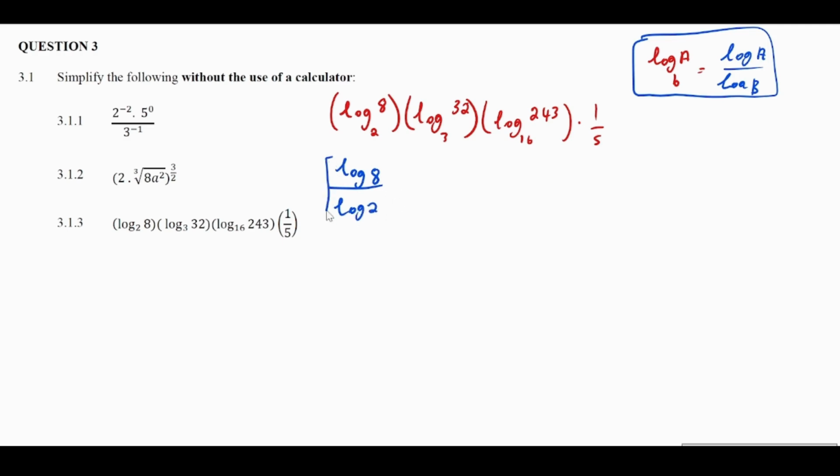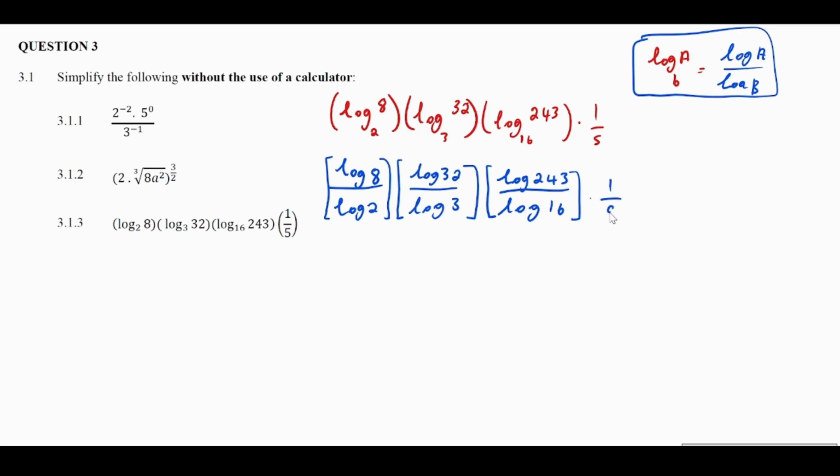Put that inside your bracket. Multiplied by, same applies here, I'm going to have what? The log of 32 divided by the log of 3. I'm going to do the same thing here. The log of 243 divided by the log of 16. Don't forget to write that 1 divided by 5.